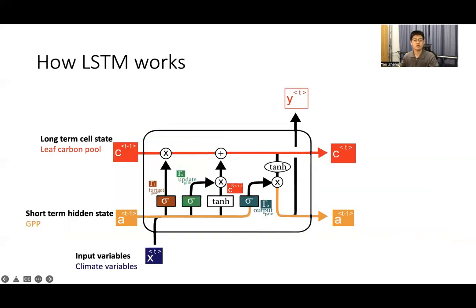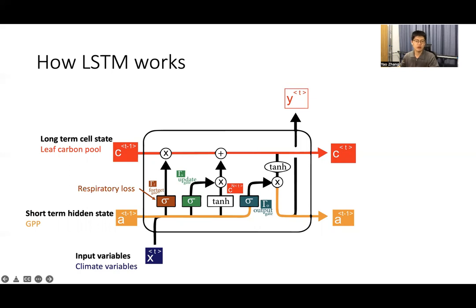With this information, we can better understand how the LSTM works. Long-term cell states may be considered as the leaf carbon pool. The short-term hidden states may be considered as GPP, while from the input climate variables and the hidden states from the previous time step, we can predict the forget gate, which represents the respiratory carbon loss.